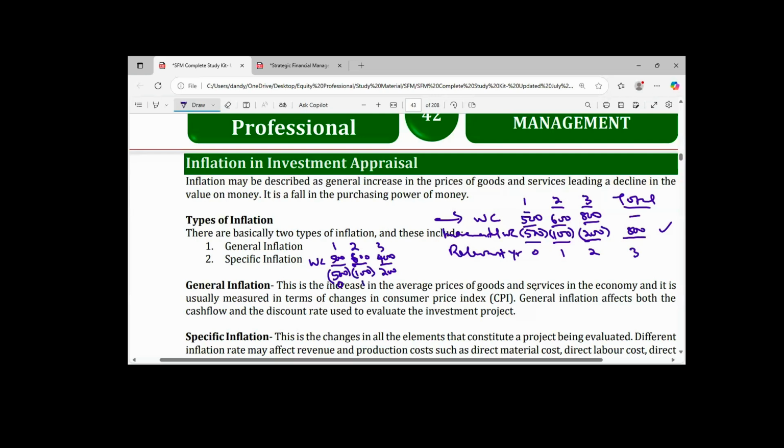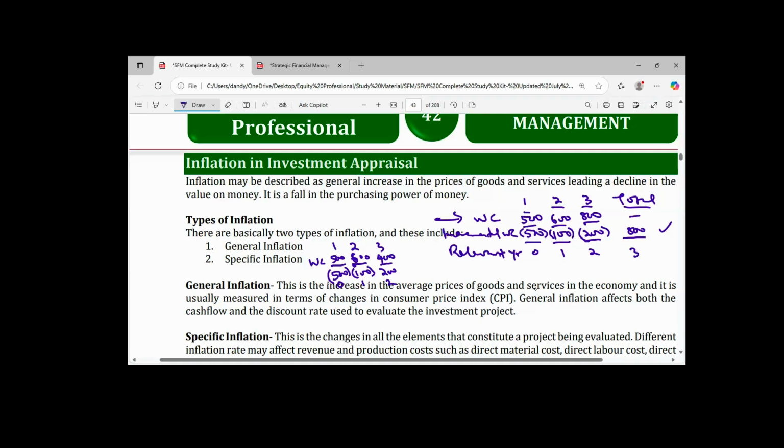The one that occurs in year 3, which in this case is 200, is a recovery because your working capital has dropped by 200, so you are not going to treat it as cash outflow. That 200 is a recovery of the working capital because your highest working capital is 600.